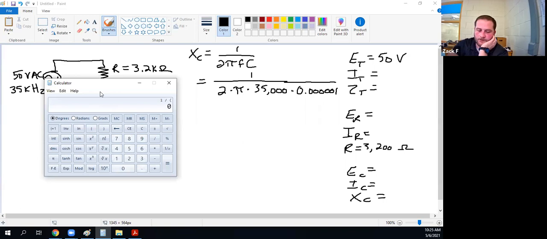1 divided by left parentheses 2 times pi times 35,000 times 0.000001, right parentheses equals 4.5 ohms.